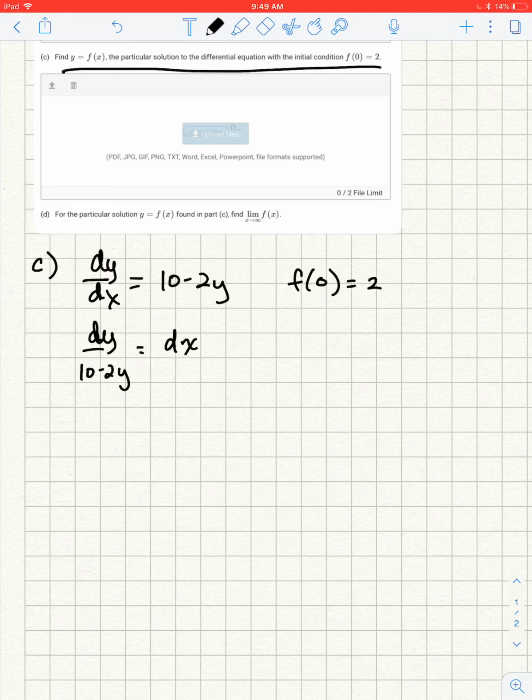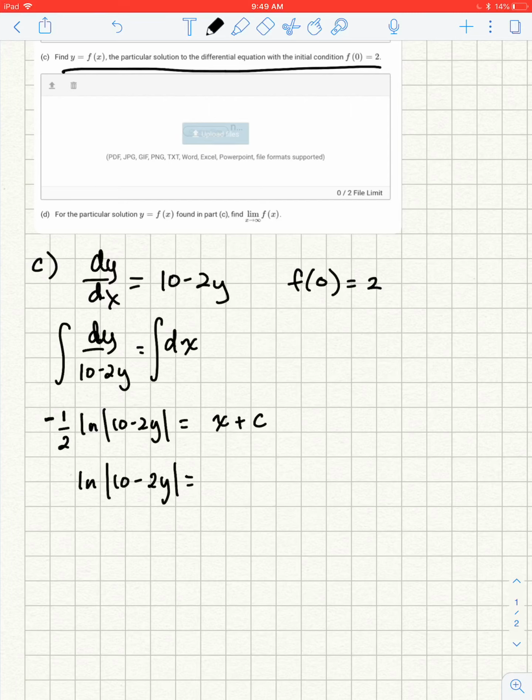So remember, if you're doing this, the shortcut would be 1/2 negative, since that is our reciprocal of -2, and then it's ln of 10 minus 2y, and that's going to equal x plus c. So remember, what I'm doing here is taking the integral of both parts. On the next step, you can multiply everything by -2.